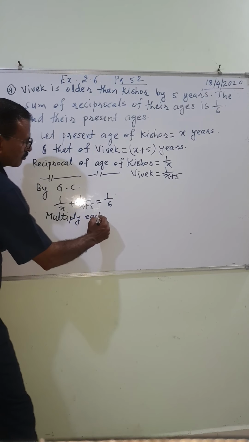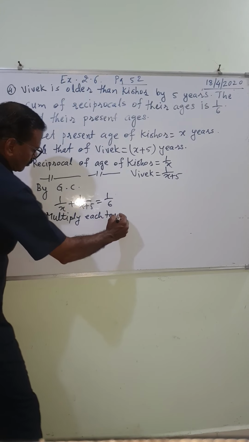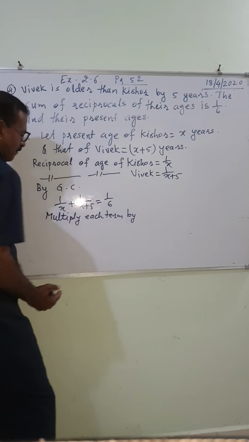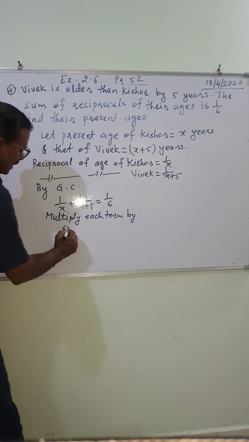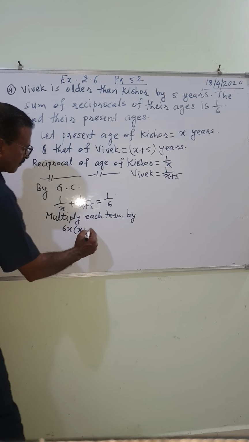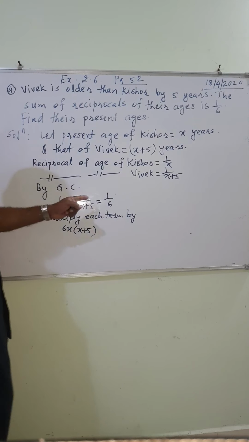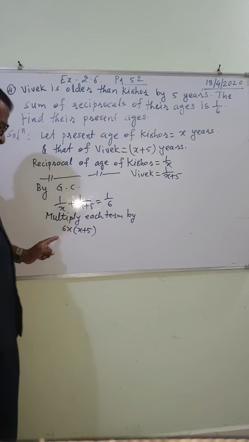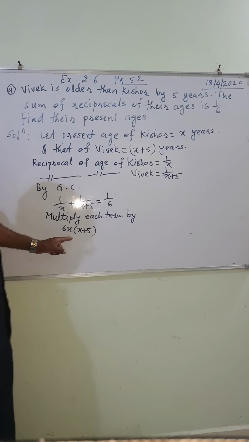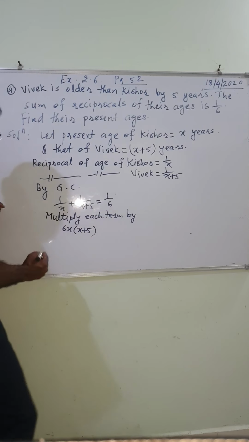Nothing is common, so the multiplication of all will be the LCM. By that LCM I am multiplying each term.